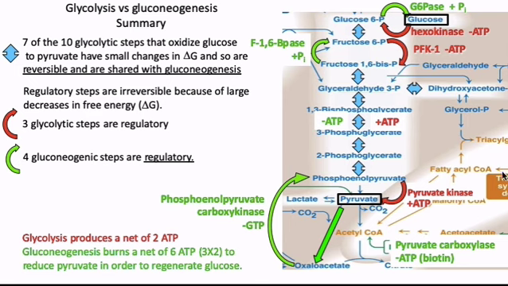So as I mentioned, glycolysis gives us a net of 2 ATP. Now if we look at gluconeogenesis, pyruvate carboxylase costs 1 ATP times 2. Phosphoenolpyruvate carboxykinase costs 1 times 2.